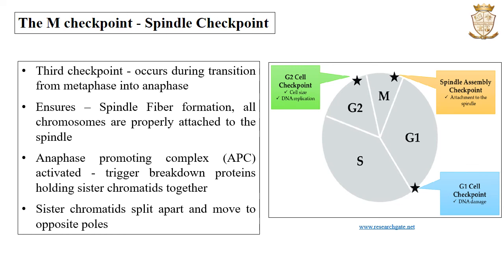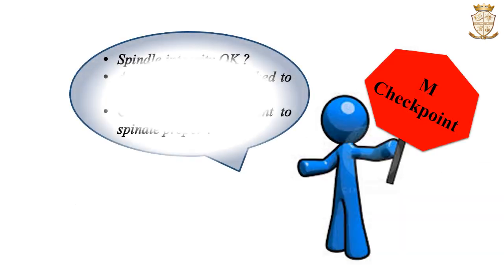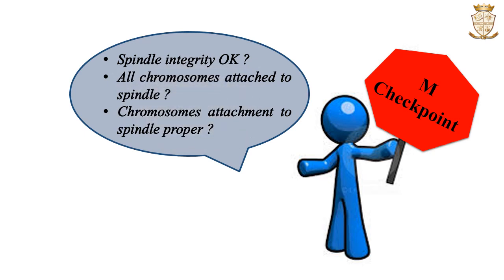Thus, the M checkpoint prevents cells from incorrectly sorting their chromosomes during division. So, the M checkpoint assesses whether the spindle integrity is okay, whether all chromosomes are attached to the spindle, and whether the chromosome attachment to the spindle is proper.